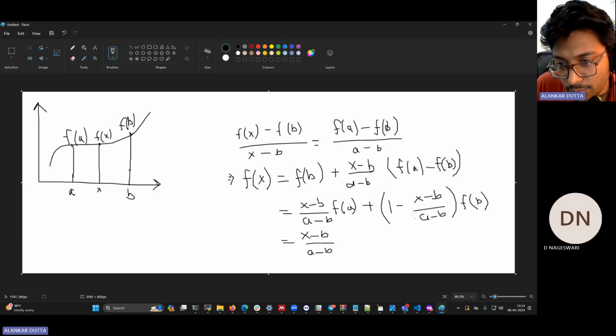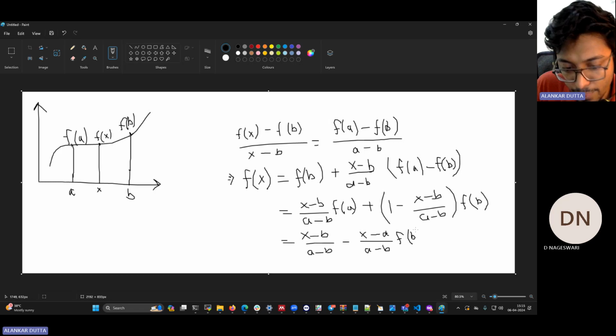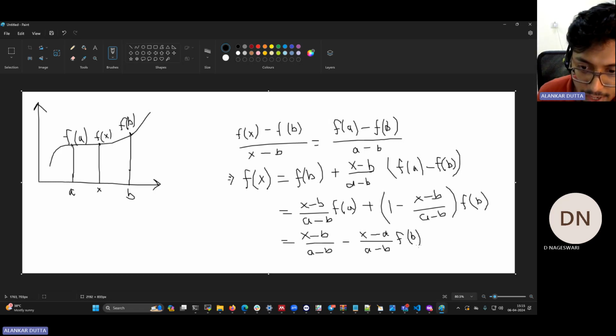And here you'll have something like (a minus b) and minus x plus b, so you will have (x minus a) and (a minus b) f(b), right? And now what you can do is rearrange the denominator in here by just changing the sign. Sorry, I missed the f(a) in here.